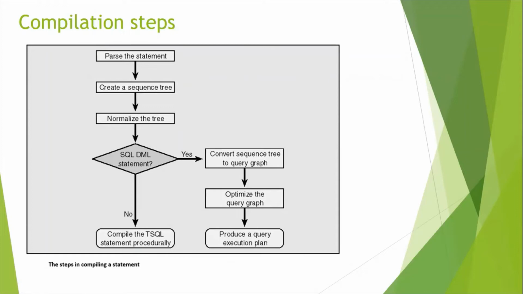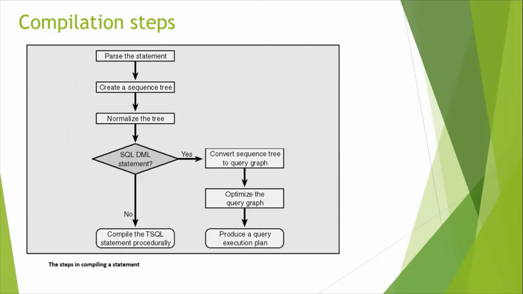If it is a DML statement, we will talk more about how an update query works. It will be converted into a query graph. A query graph is basically a kind of query plan, but with some more information in it.